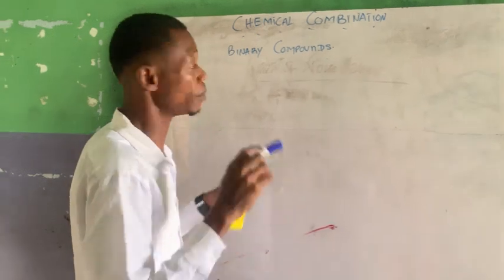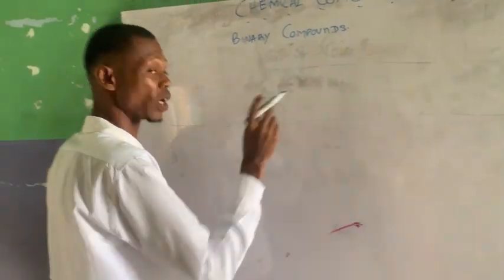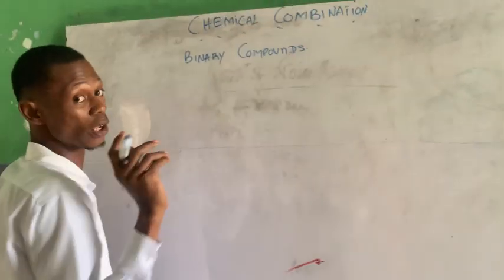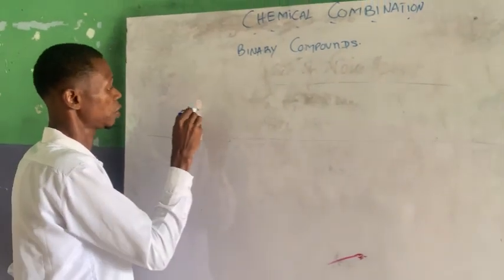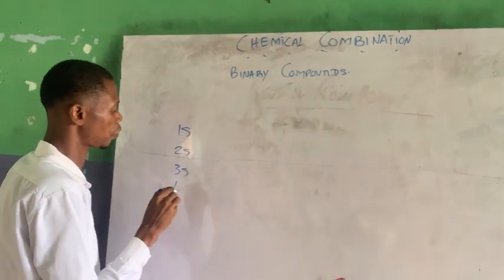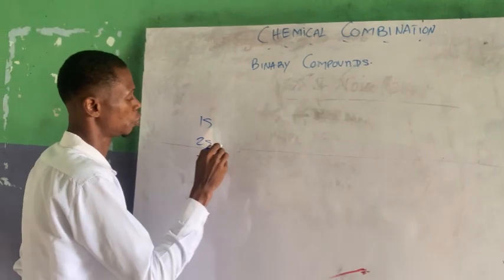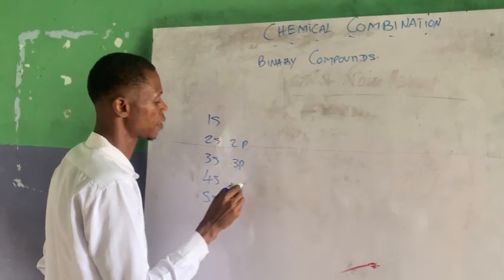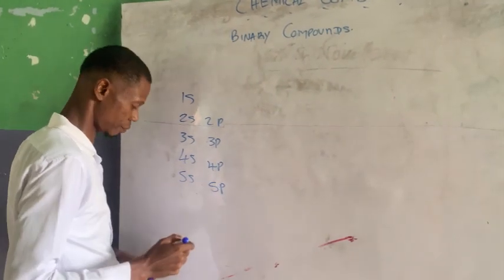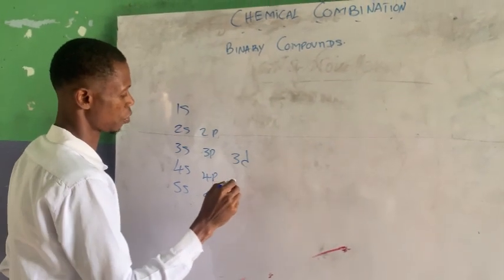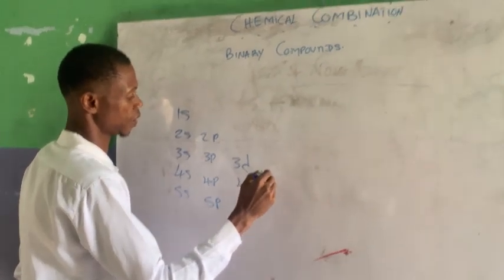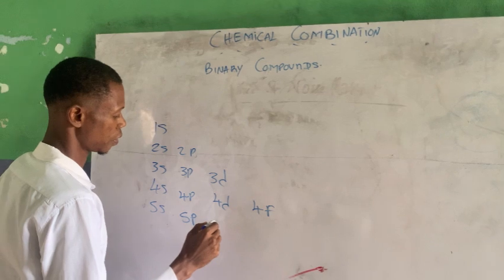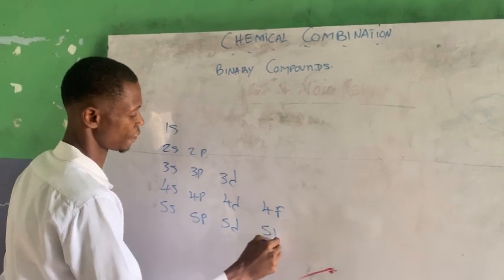For example, let me differentiate these two. Let's say I will use electronic configuration for this. Use 1s, 2s, 3s, 4s, 5s, 2p, 3p, 4p, and 5p, 3d, 4d, 4f, 5d, 5f.